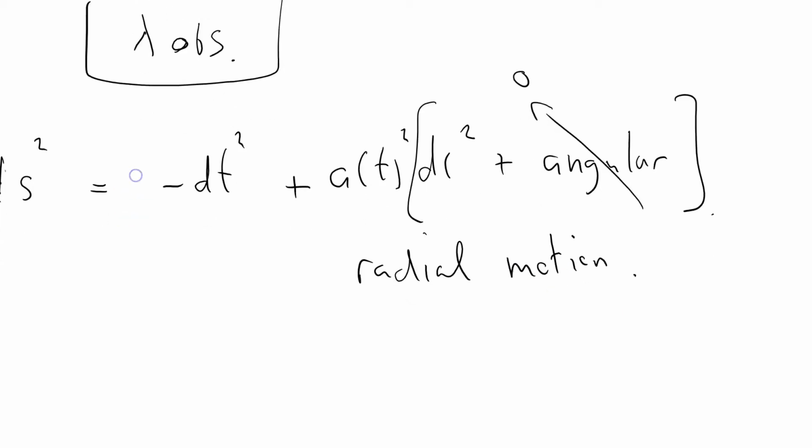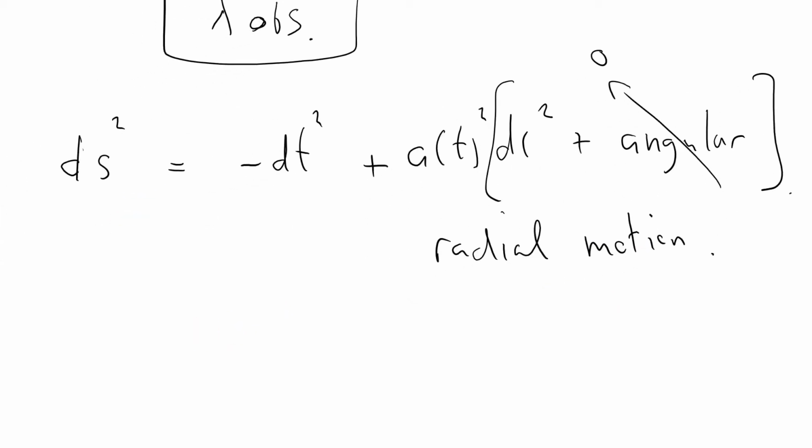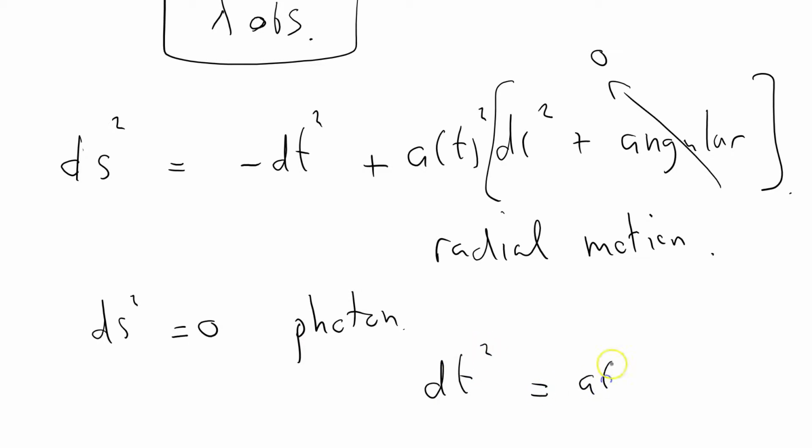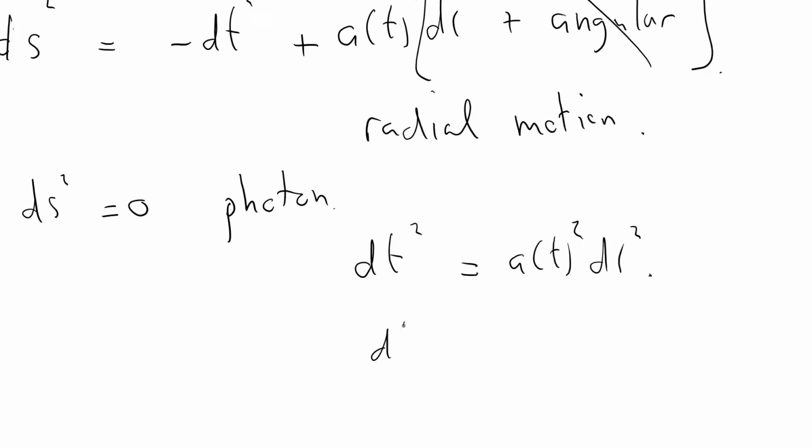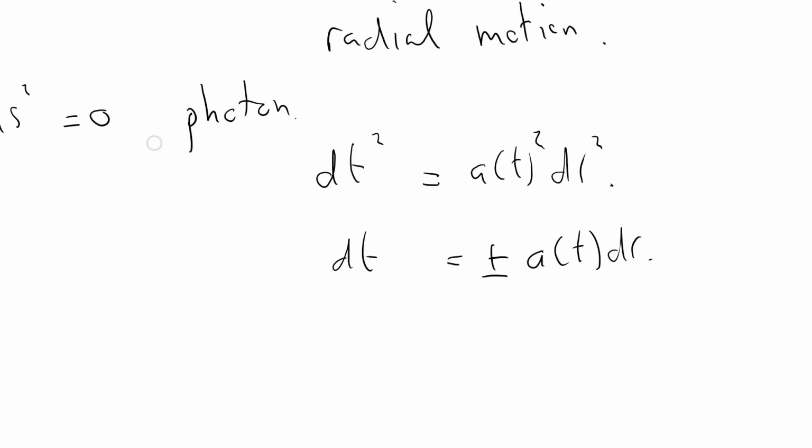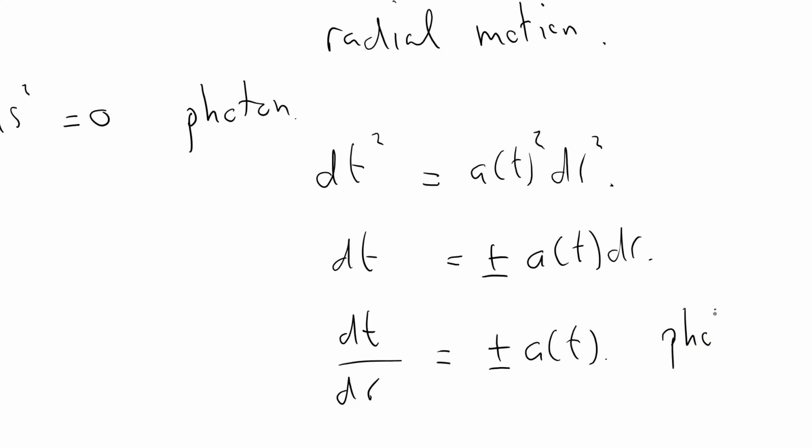And last time I made the observation that if we were considering a photon, then ds squared equals 0 for a photon. So that tells me that dt squared equals a of t squared dr squared, which means that dt equals plus or minus, for ingoing or outgoing, a of t dr, which basically means that my slopes of photon world lines are plus or minus a of t.